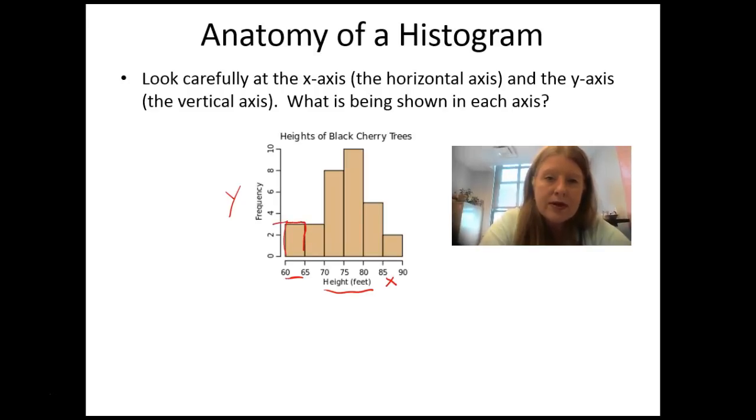So 3 trees are going to be between 60 and 65 feet. 10 trees up here are going to be between 75 and 80 feet. So again, the heights of the bars will tell you frequency, or the number or percentage of individuals that fall within each of those intervals. Along the x-axis, that will tell us the intervals, exactly what it is we're measuring.